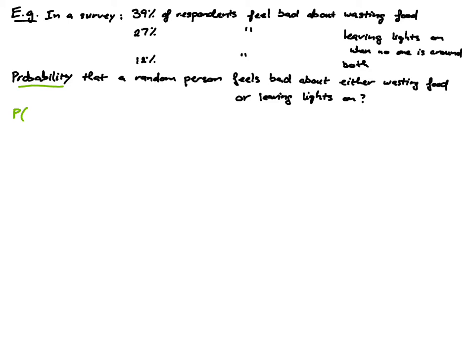The key word here is the word or. Remember from a previous video, the word or means we're talking about the union. So in this case, we're being asked for the probability of wasting food union with leaving lights on.